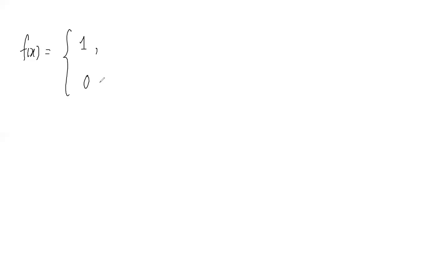you basically define some function like this, where your x is a rational number inside [0, 1], okay? And this is 0 elsewhere, yeah? Okay, so I define a function like this.